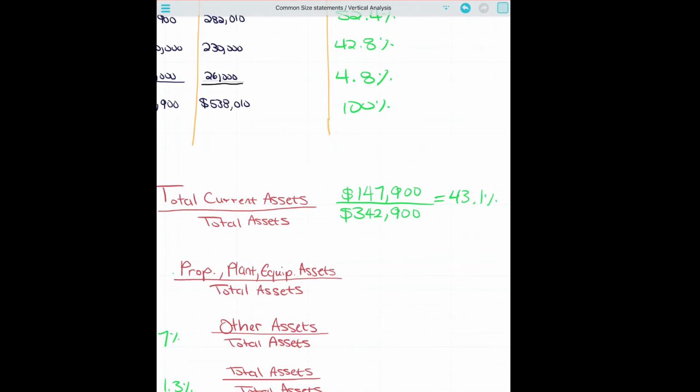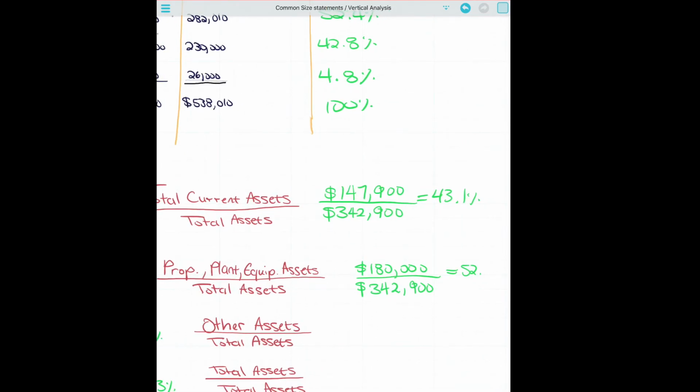Property, plant, equipment assets is $180,000 divided by 342,900 equals 52.5%.